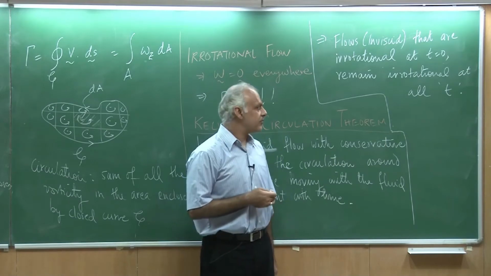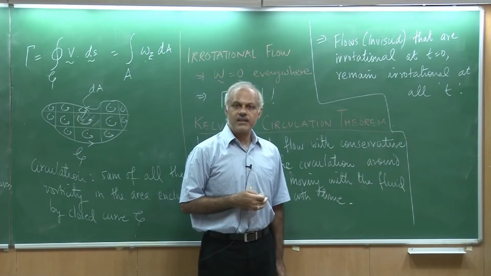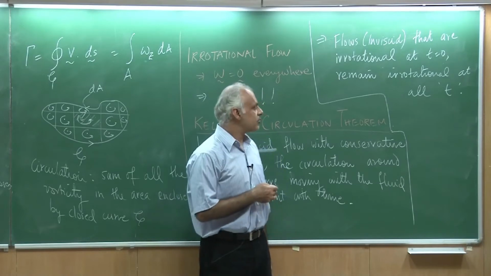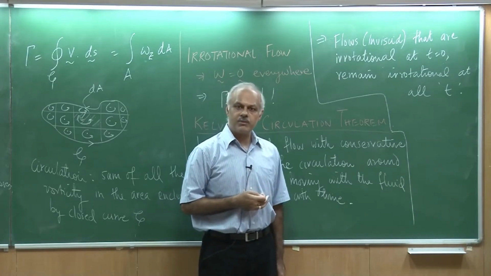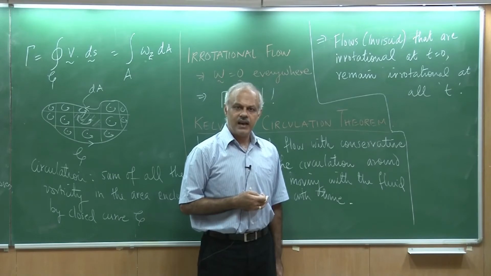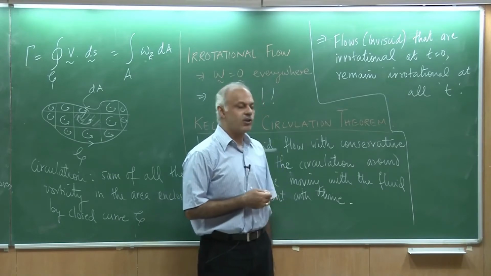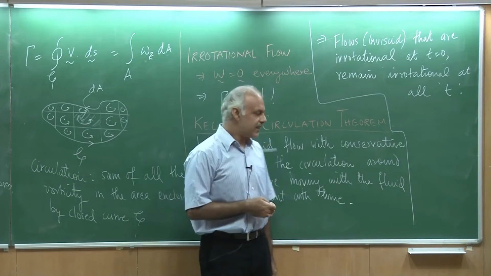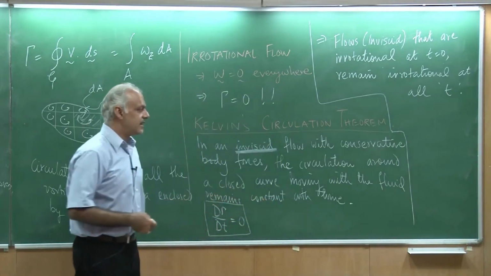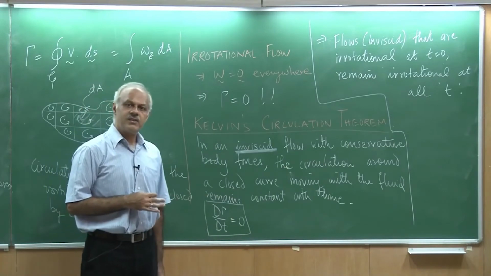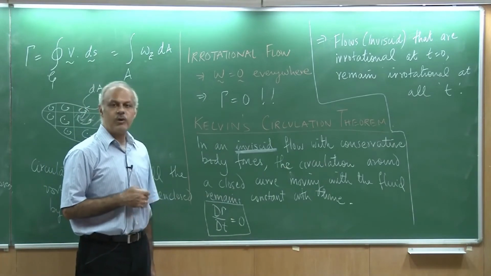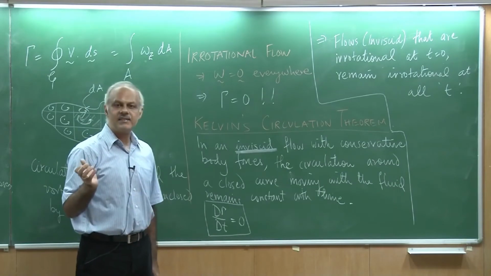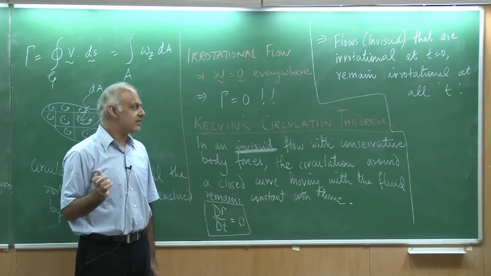But for the flow to be irrotational, what are the conditions we should satisfy? We have seen we should have, of course, omega is 0 at all locations, and we also saw it is synonymous with gamma equal to 0, the circulation being 0. And Kelvin's theorem tells us that it is enough to have irrotationality at one time instant, and you should then be able to generalize that it would be irrotational forever.